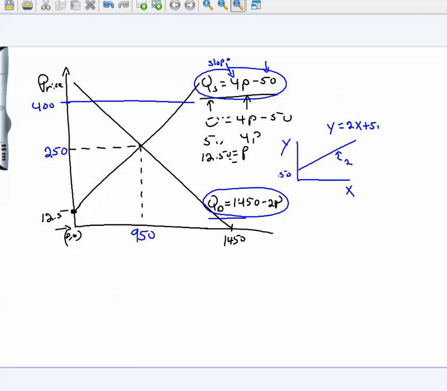In this case, the natural order in the market is driving the price down to 250, and since we have a price ceiling at 400, well, nothing happens. The price would like to be below the ceiling. It would like to be at 250, so this one is non-binding.